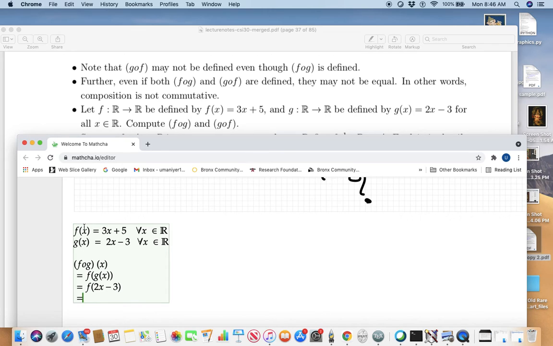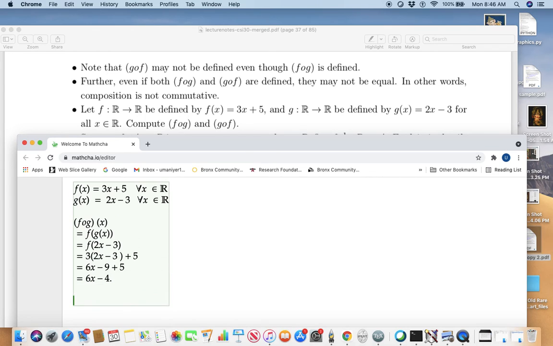It takes 3 times whatever is inside plus 5. So whatever is inside remains inside. Distribution: 6x minus 9 plus 5. That is 6x minus 4.